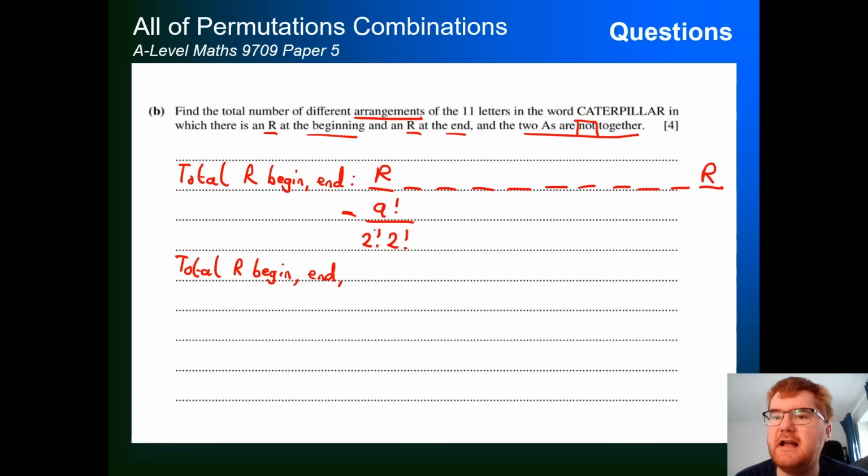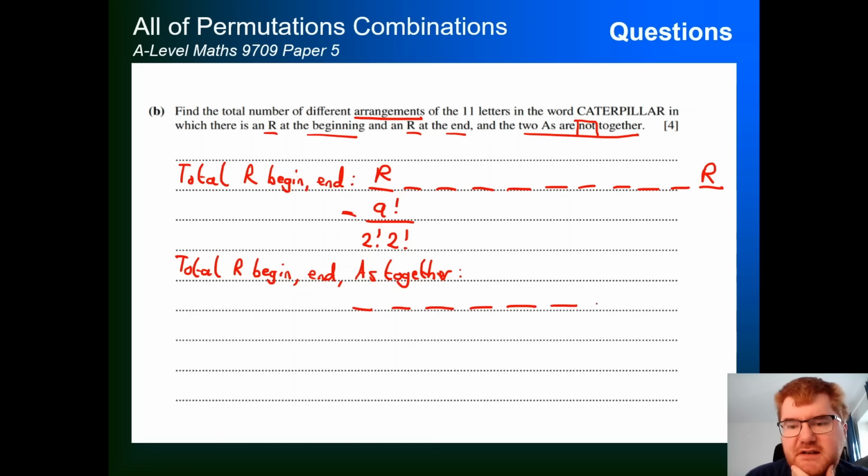Now let's look at the total arrangements where we have R begin and end, and we have the A's together. So the opposite of what's in the question. Okay, so we do our slots here. So 1, 2, 3, 4, 5, 6, 7, 8, 9, 10, 11. We have the R's beginning and end. We have the A's together. So again, imagine this is now 1 slot because they're together.